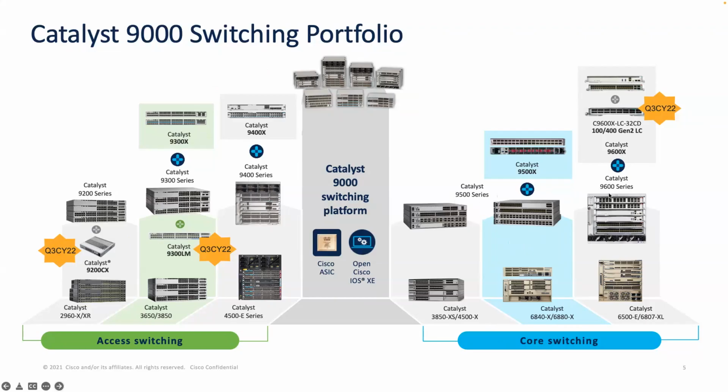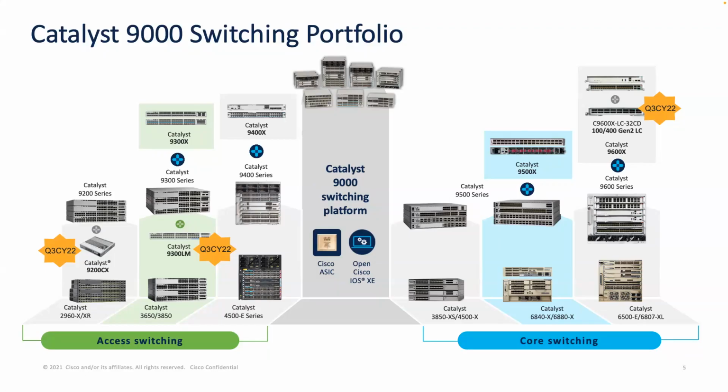At this point, we actually have a new generation of the Cat9K switches, which is named the X series. As you can see from the top of the slide, the 9300X, 9400X, 9500X, and 9600X are the products of the new generation.